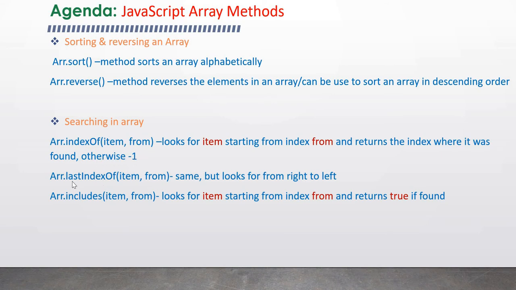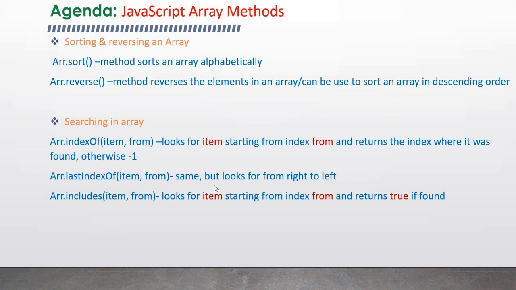Another method is called lastIndexOf. Again, it takes the same parameters, item and then from. It works the same way, but it looks for that item from right to left. The first one, indexOf, started from the left, but this one starts from the right to left.